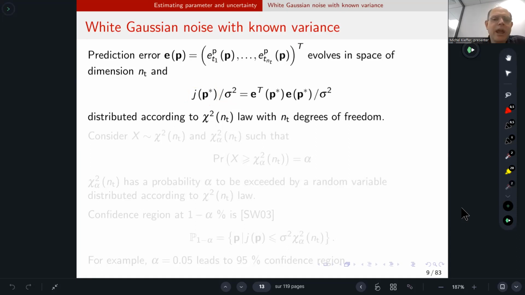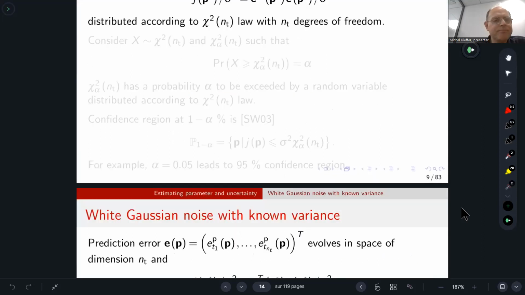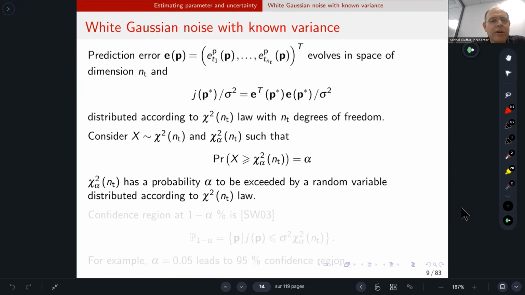Here, I obtain the sum of the squares of nt Gaussian variables. And the sum of the squares of nt Gaussian variables is distributed according to a chi-square distribution with nt degrees of freedom.